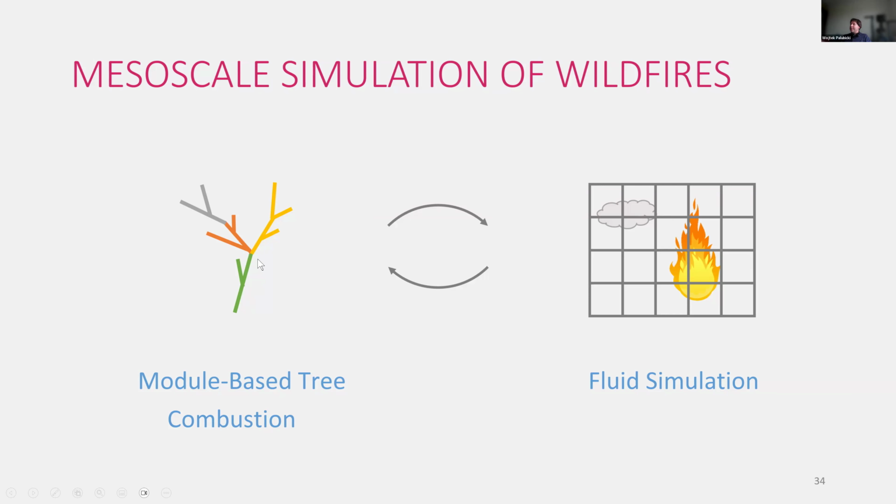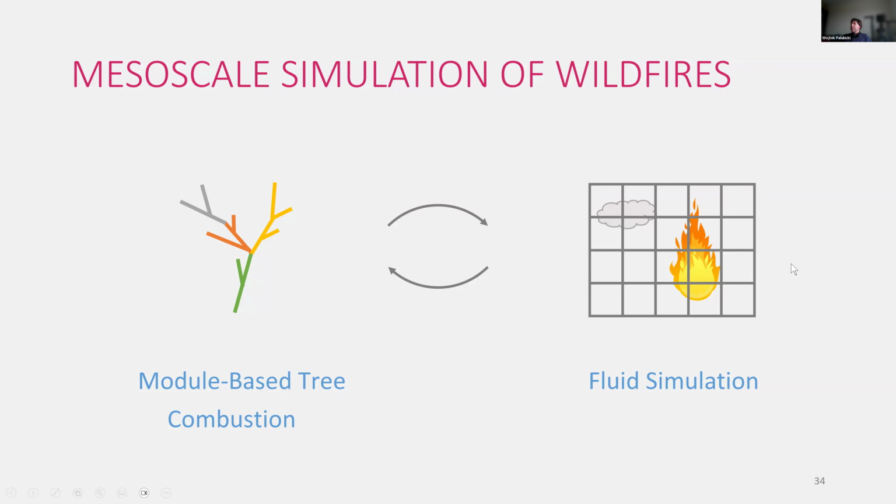We essentially say that a set of branches can be defined as a module, and that the whole shape of a tree is given by these connected modules, which mathematically would be a hierarchical graph. Again we can use our computer graphics methods to generate a mesh out of it and dynamically deform it over time as the combustion progresses.